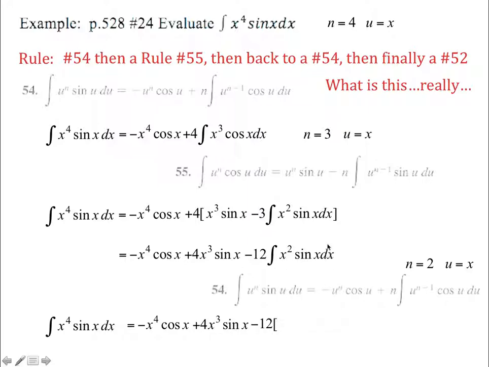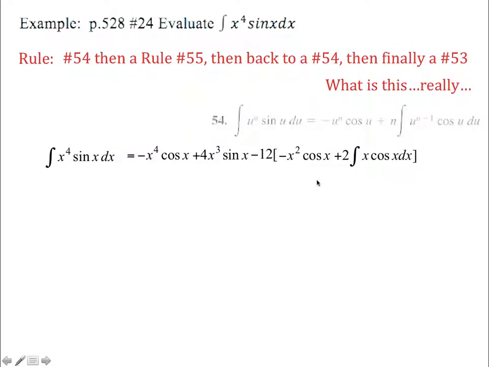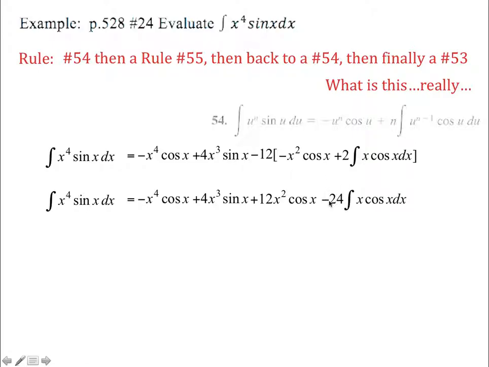Now we're going to integrate this x squared sine x. So it's going to be minus x squared cosine x plus 2x cosine x. And so we still have an integration. There's our first integration, our second integration. I'm going to distribute the 12 now, so I have plus 12 and minus 24.